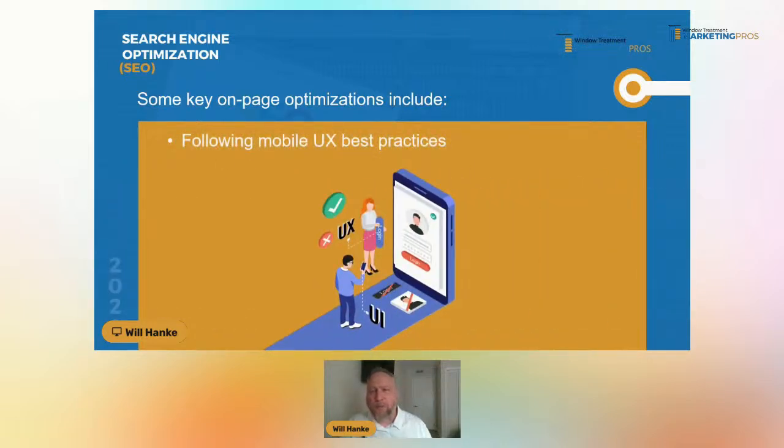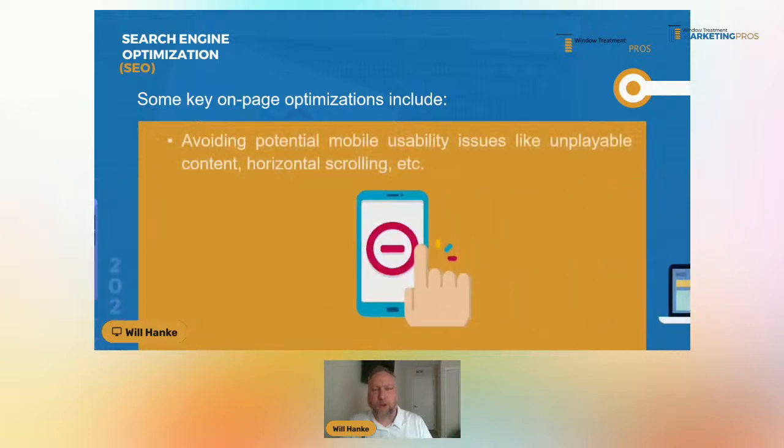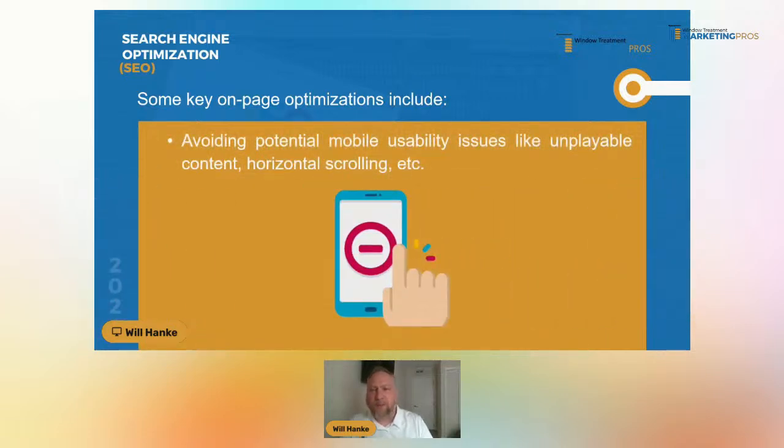Following user experience best practices. For instance, put your phone number at the top, and make sure that it is a click to call phone number. So if somebody's on your website on a mobile device, they're able to click and quickly interact with your business. Avoid penalties, avoid things where content is unplayable or doesn't work, or you have to scroll across right and left.